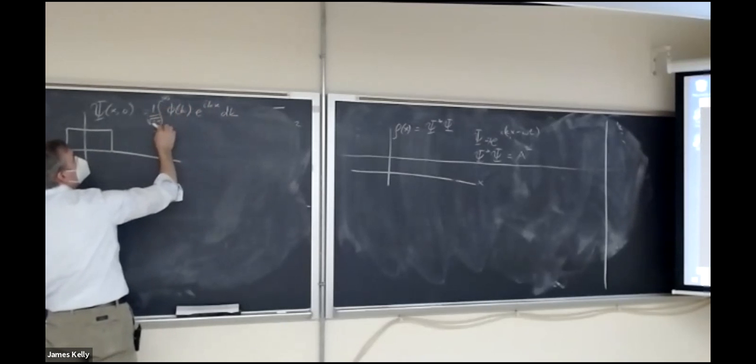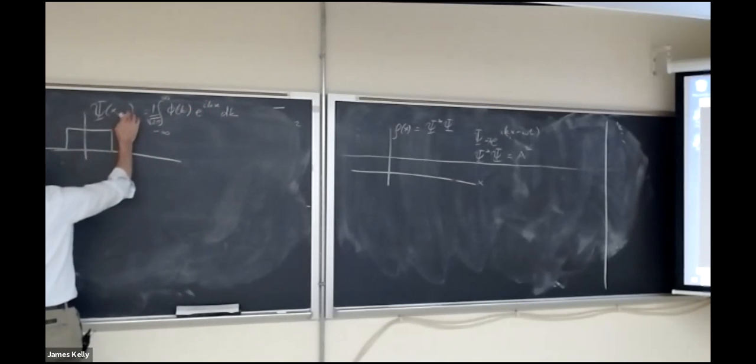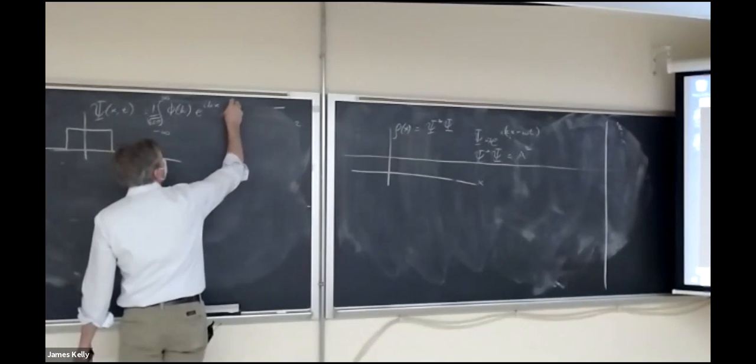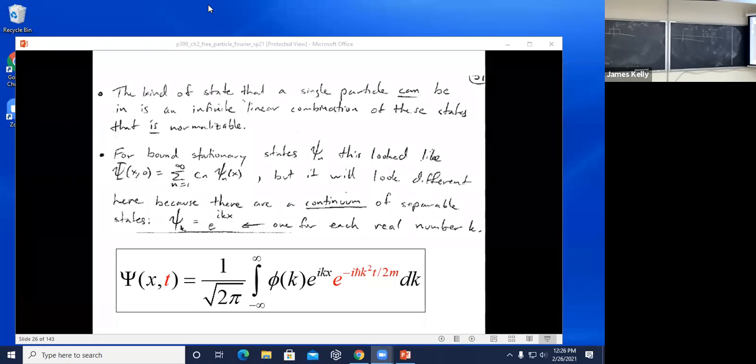You can think of the 1 over root 2 pi as being part of the phi of k, so it's just part of those coefficients, but by convention, people factor that out there. And then, if I want to put in the time dependence, well, I'm not going to write it down here, but you just plunk that thing in there: E as a function of k, e to the minus i E_k t over h bar.